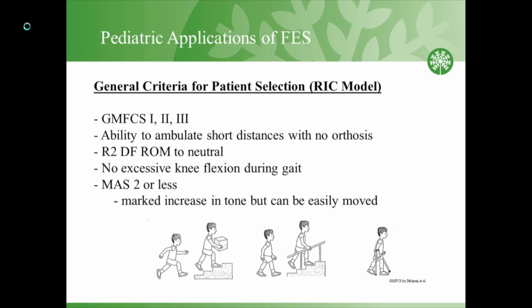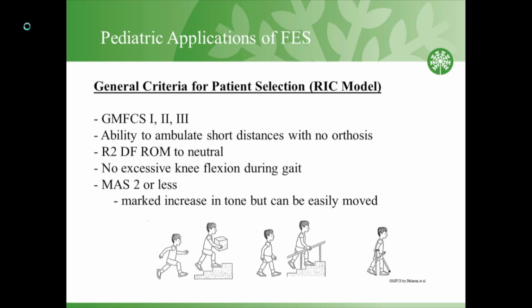So our RIC model, Dave and Ken both were talking about GMFCS level. We're talking about the other end of the spectrum now, levels 1, 2, and 3, pretty much 1s and 2s. So those are kids that are pretty much fully ambulatory, maybe with a little bit of support, a little bit of holding if they're really playing, but the more mobile kids.